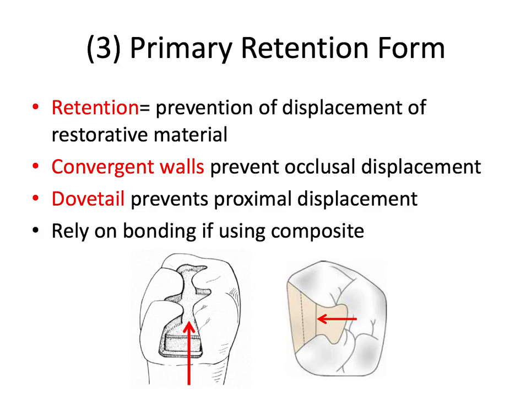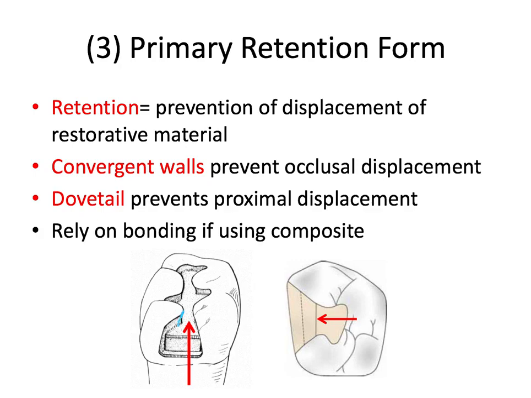So retention is defined as prevention of displacement of the restorative material. So convergent walls is something that we want, and this occlusal convergence means that the walls of the preparation slightly converge in order to lock the restorative material and prevent it from dislodging occlusally.